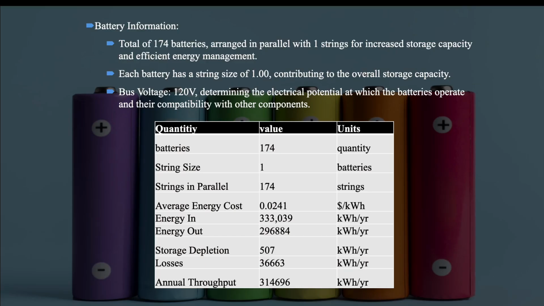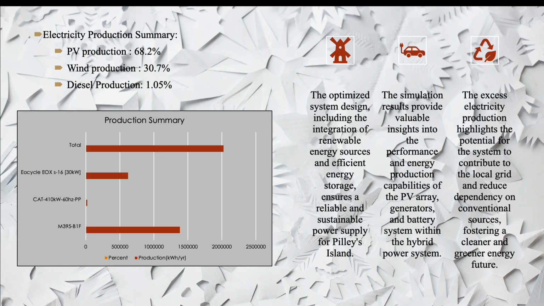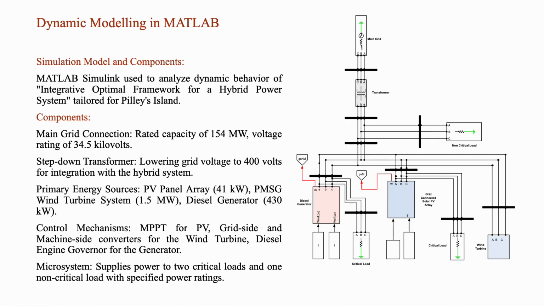For the battery, we have used 174 batteries in parallel for storage needs. 540 kilowatts is the rated capacity for the wind turbine that we have chosen, and the total production per year will be 621,683 kilowatt hours. Now coming to the electricity production summary, as shown in the graph, the PV production.